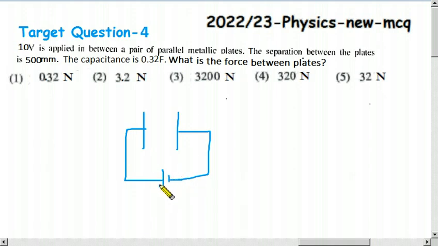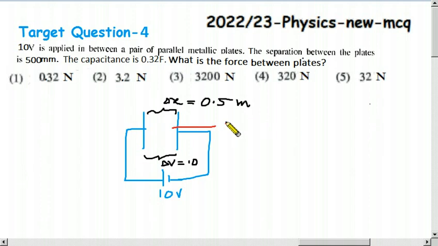The voltage is 10, that is delta V. Delta x is 500 millimeters, that means 0.5 meter. Then what they have given is capacitance C, that is 0.32 farads.